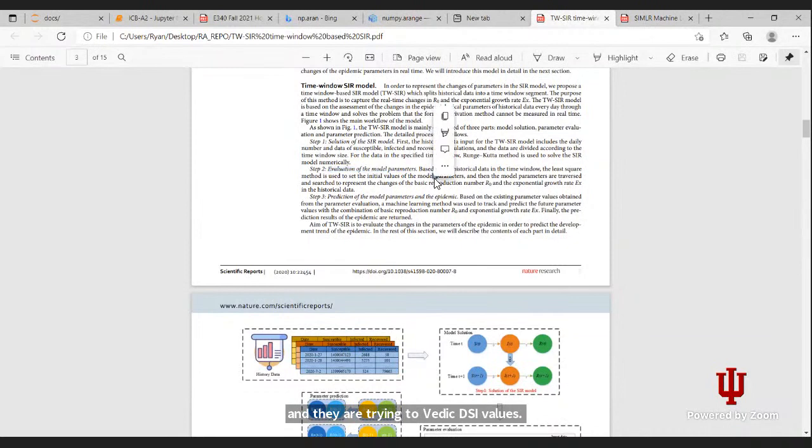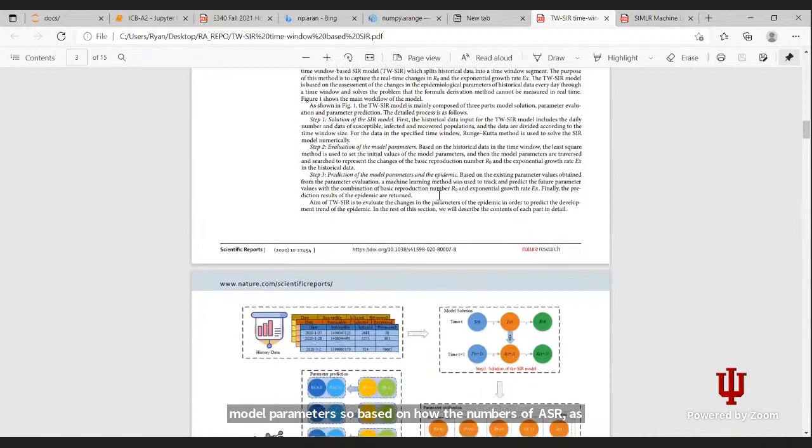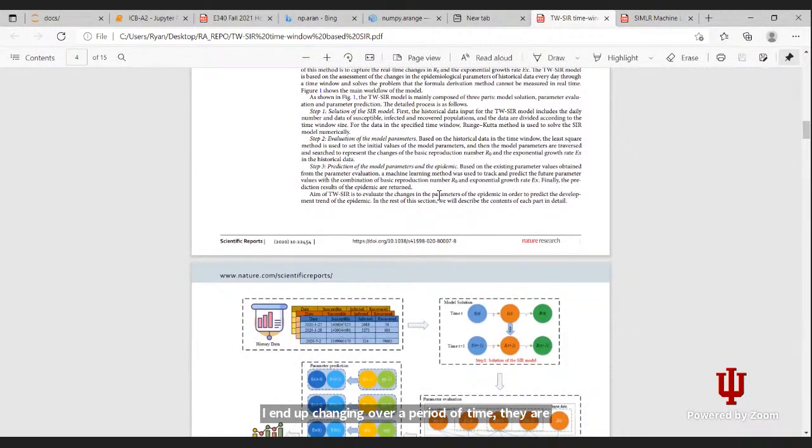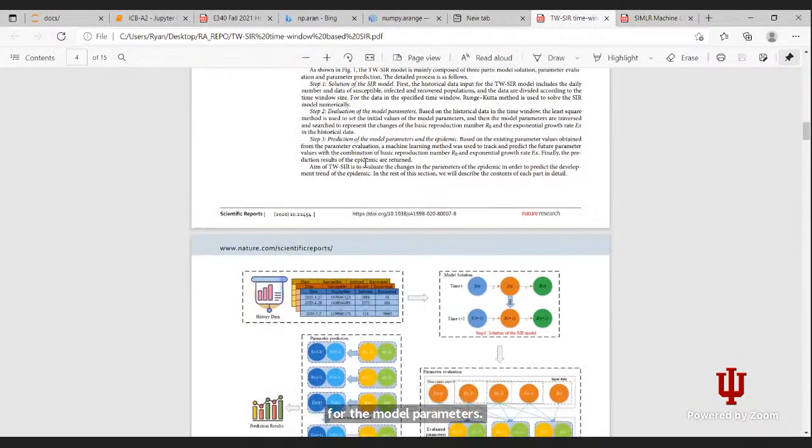Based on how the numbers of S, I, and R are changing over a period of time, they train the model and come up with values for their model parameters so that it fits the data. And in the third part, they try to predict ahead of time. So if I have, let's say, 3 months of data, they try to predict how the SIR values will change for the 4th month based on the trained parameter values.